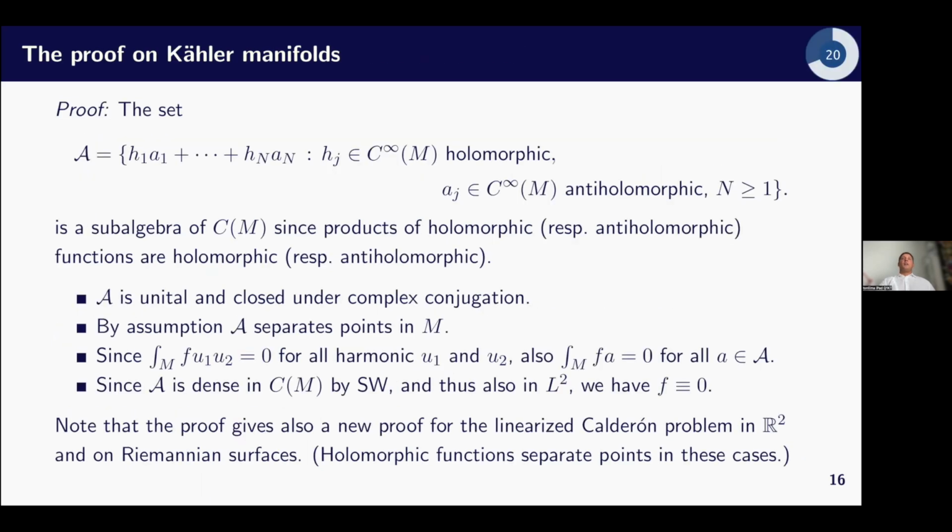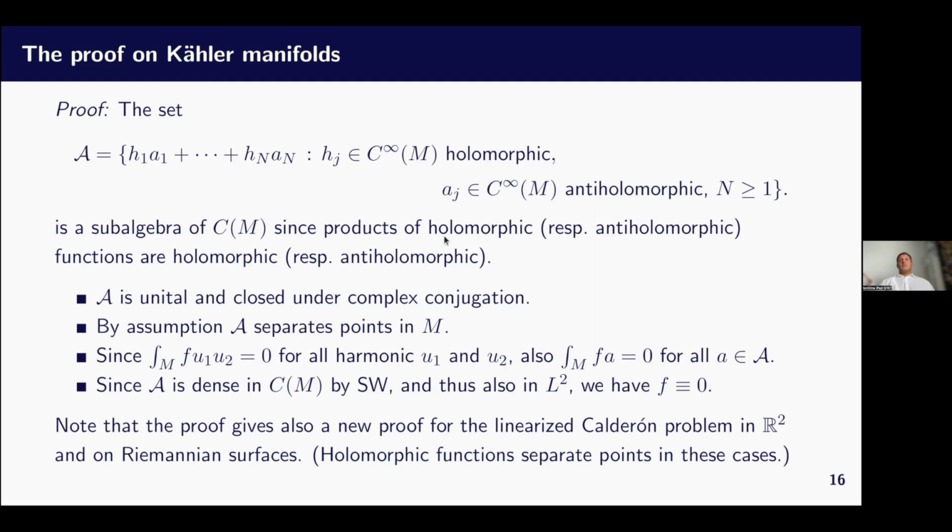To prove the above theorem, we set A to be the following set. It's a sum of h1a1 plus h2a2 until h_N a_N, where now h_j is holomorphic and a_j is anti-holomorphic. If you think about just the complex plane, h_j has an expansion in the powers of z, and a_j has an expansion in the powers of z bar. This is a subalgebra of the continuous functions. Why?